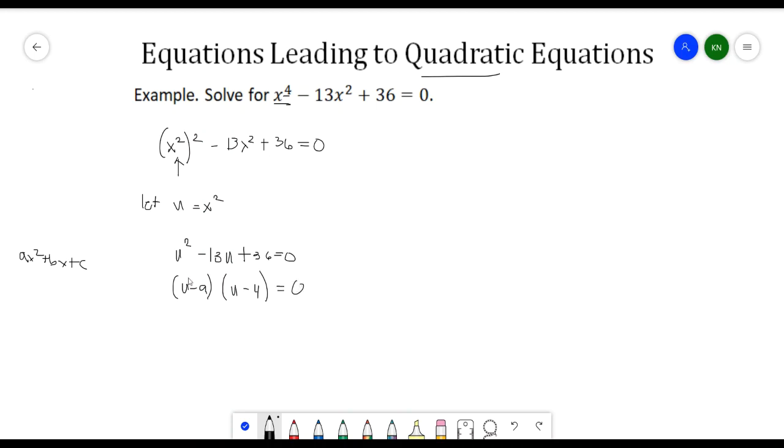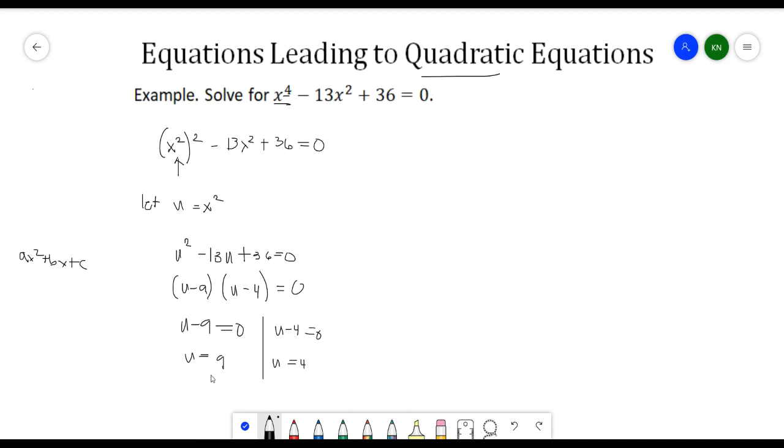I hope you know how to factor that. So afterwards, we can equate these to 0. So u minus 9 equal to 0, so u is equivalent to 9. And for this one, we have u minus 4 equal to 0, so u is equivalent to positive 4.